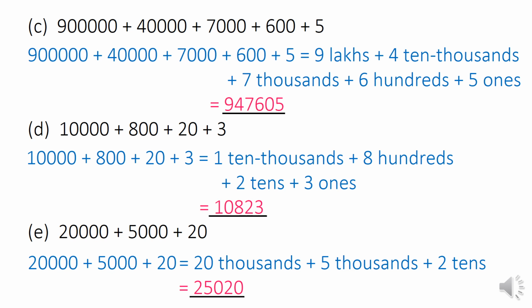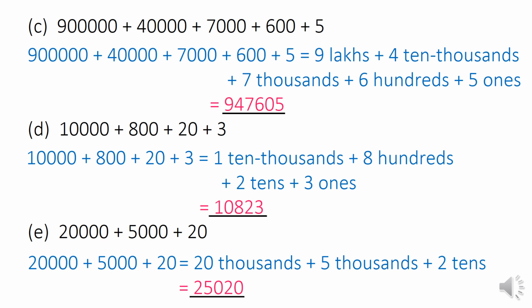So 9 lakhs plus 40,000 plus 7,000 plus 600 plus 5 can be written as 9 lakhs plus 4 10,000s plus 7,000s plus 600s plus 5 ones.